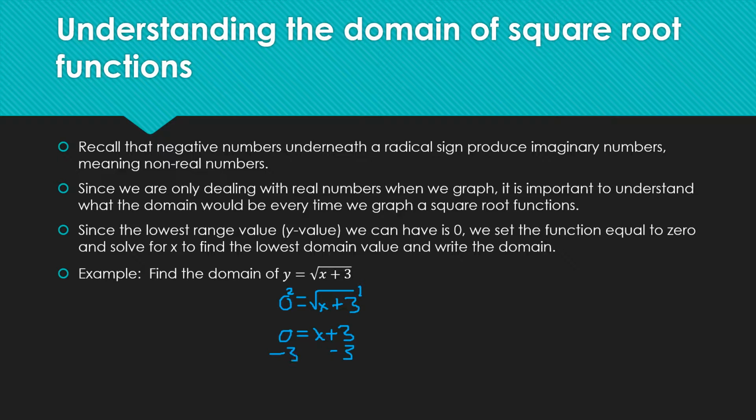Subtract 3 from both sides, and I get -3 equal to x. That is the lowest value that we can have. So my domain must be greater than or equal to -3. This is my domain.